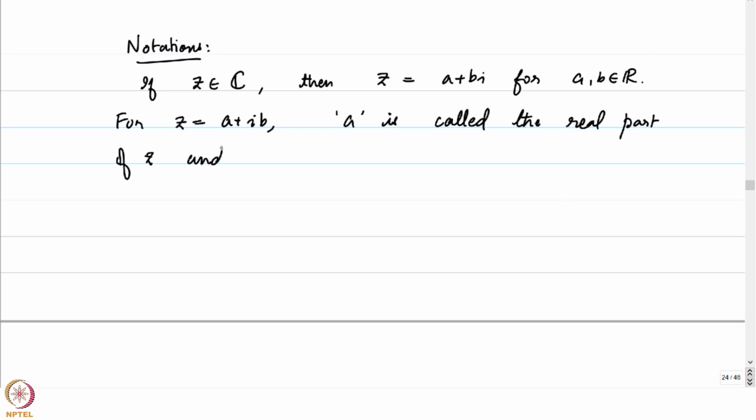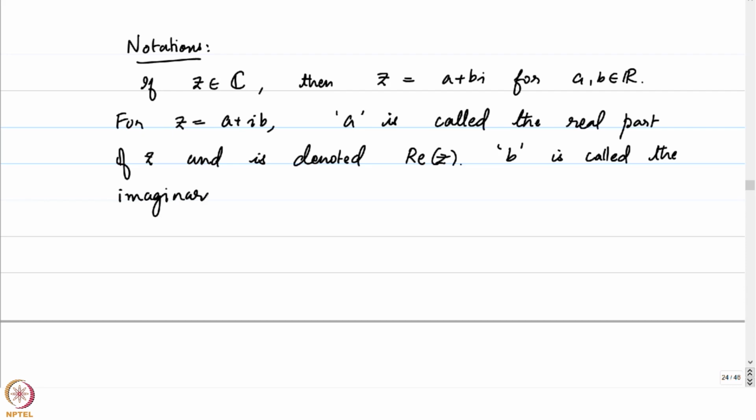And it is denoted Re(z). At the same time, b is called the imaginary part of z, and is denoted Im(z).